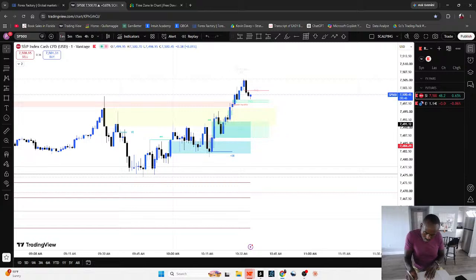Okay. Still have plenty of time in the session. Oh man, this hourly candle. Let's see. I'm gonna delete this for now. Just gonna delete that.